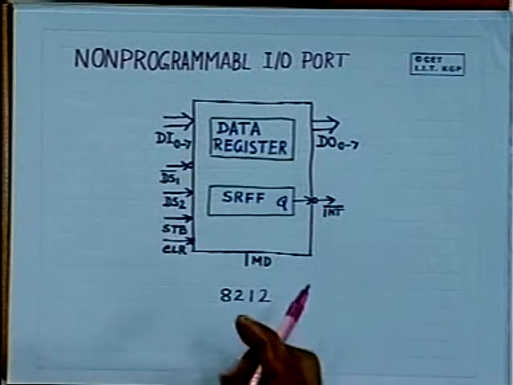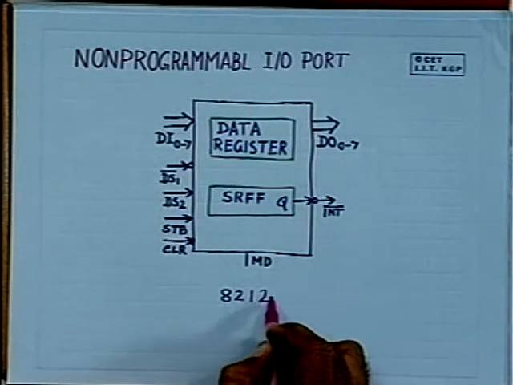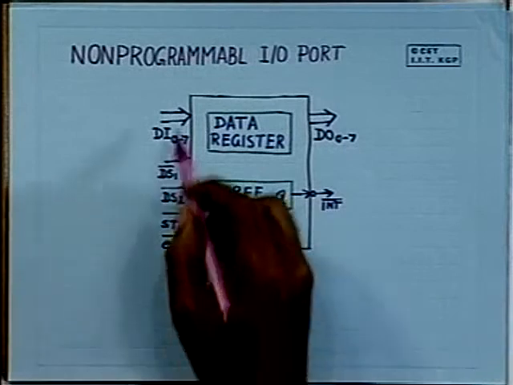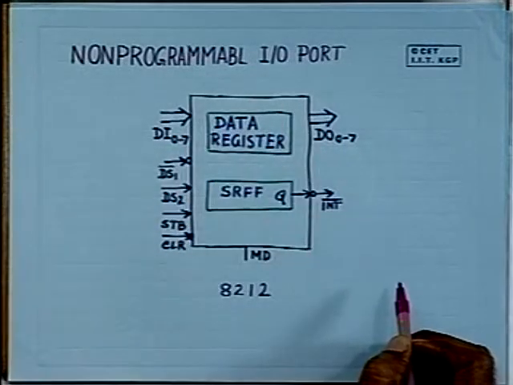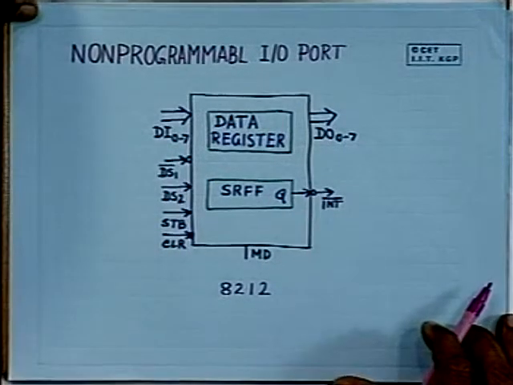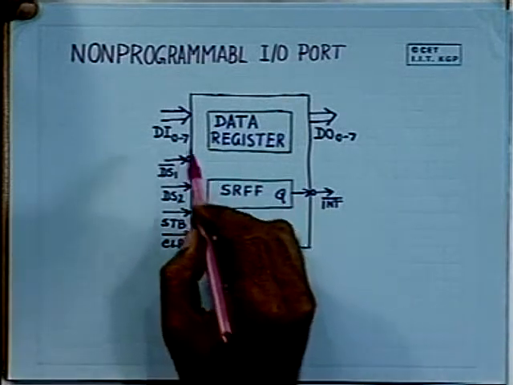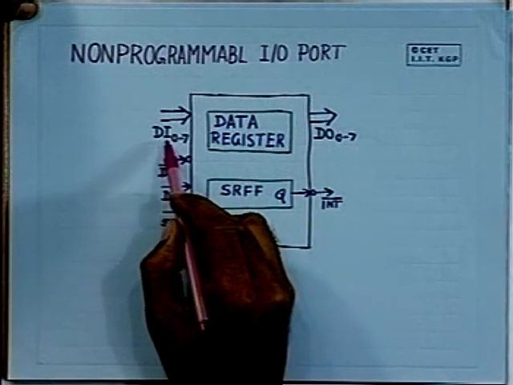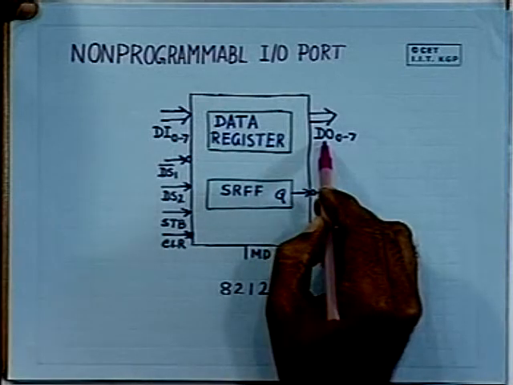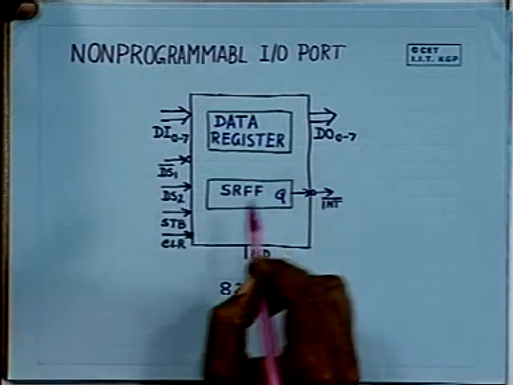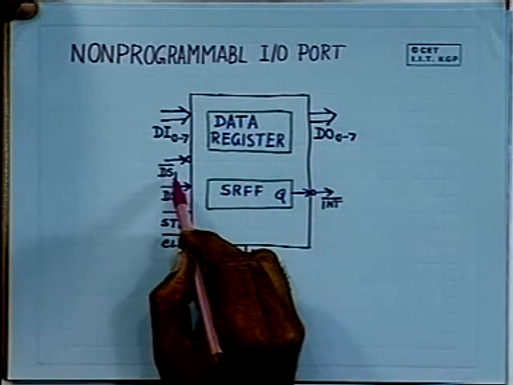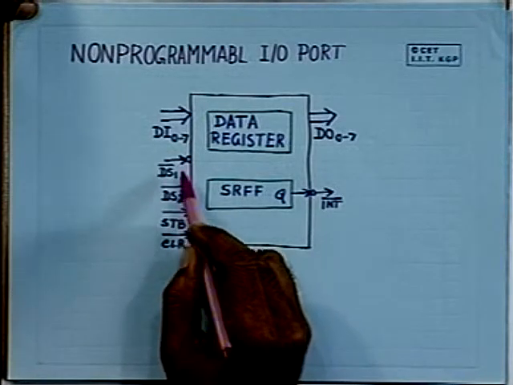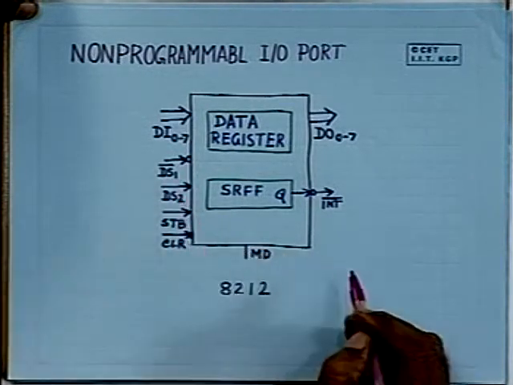This Intel 8212 is a non-programmable I/O port chip. The schematic diagram is shown here. Here as you can see, it has got 8 inputs DI0 to 7, 8 outputs D0 to 7. These two, DS1 bar and DS2, are chip selects.